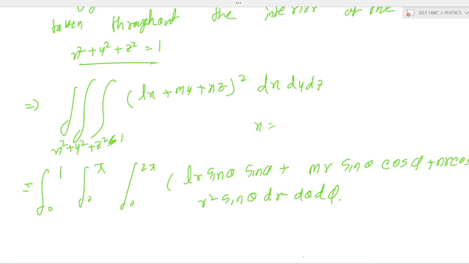Because x equals r sinθ cosφ, y equals r sinθ sinφ, and z equals r cosθ.